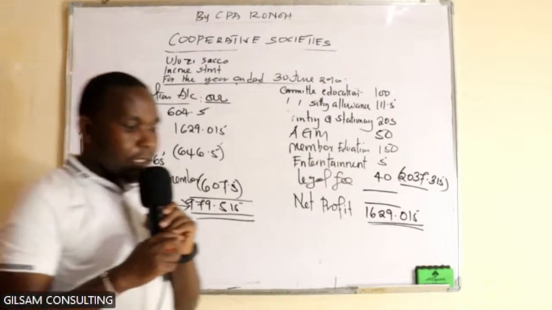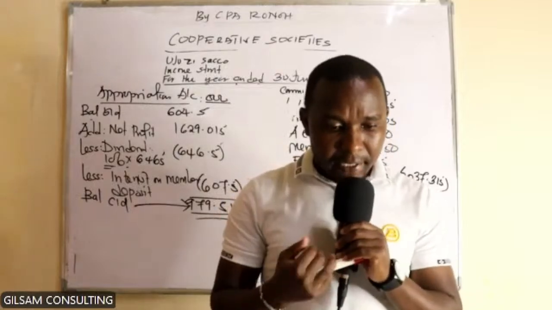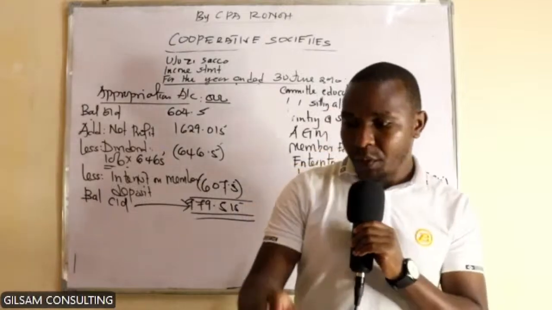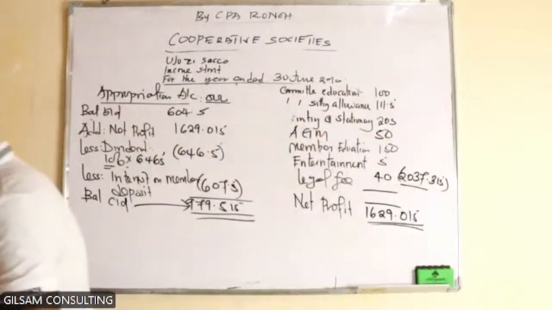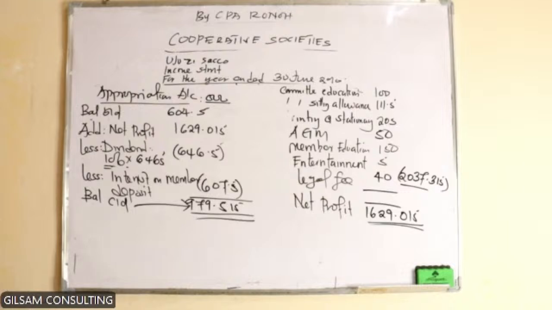Then now we need to have the statement of financial position, which is the balance sheet. I hope everyone has written. So then you can have the balance sheet of this Uchuzi Sacco.